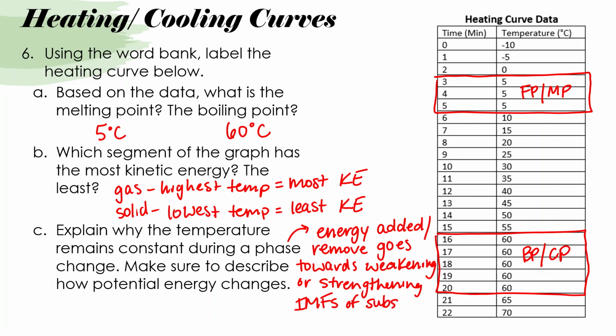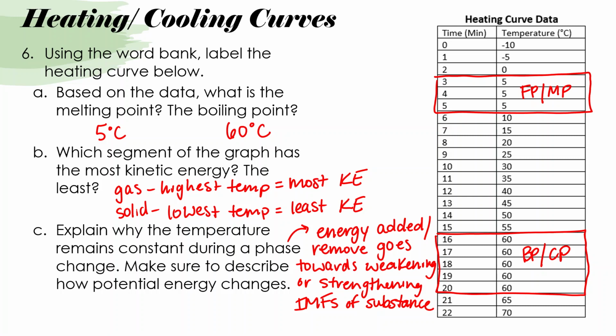So this is causing the phase change here. So we're still adding heat or removing heat, but during the phase changes, that heat doesn't impact the temperature. Instead, it impacts the intermolecular forces of the substance.